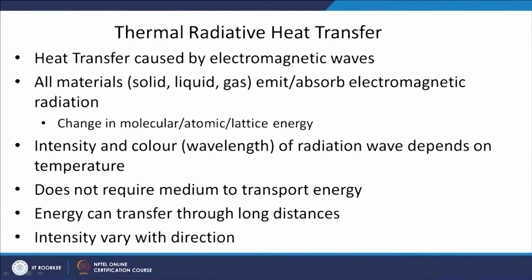Looking at the fundamental aspects of radiation, radiation is basically electromagnetic waves. Although there is a particle theory and a wave theory, and electromagnetic radiation can also be represented in the form of photons, primarily it can be represented as an electromagnetic wave. All materials, whether solid, liquid or gas, have the capacity to absorb radiation as well as emit radiation.